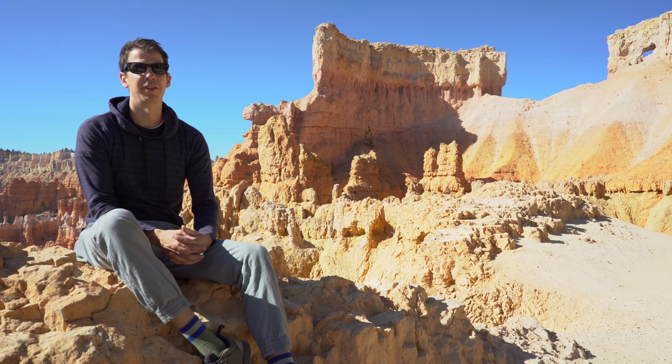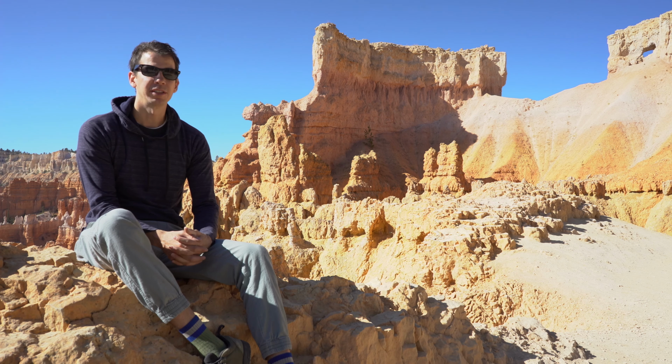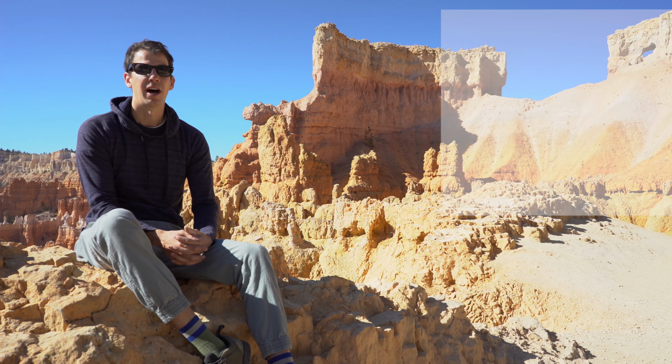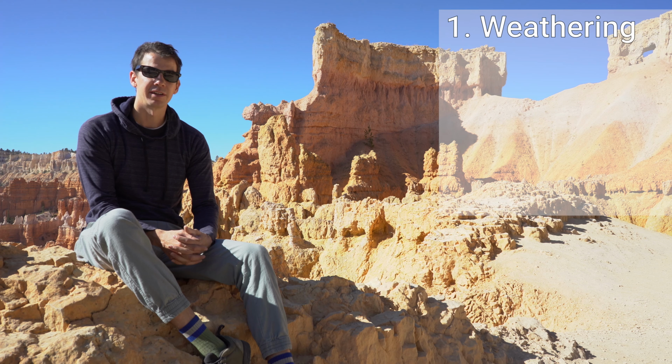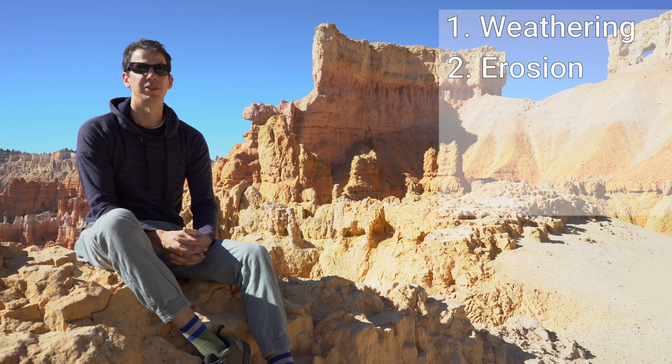As I mentioned, the formation of these hoodoos in Bryce Canyon is the result of the sedimentary process. The sedimentary process is a 5-step process. The first step is weathering, where the rocks are broken down into smaller pieces. The second step is erosion, where those fragments are then transported or removed from their original location.